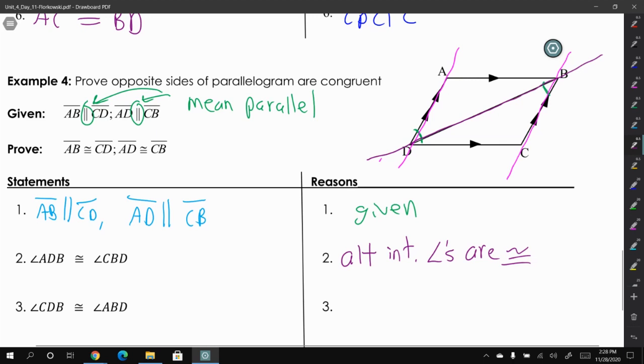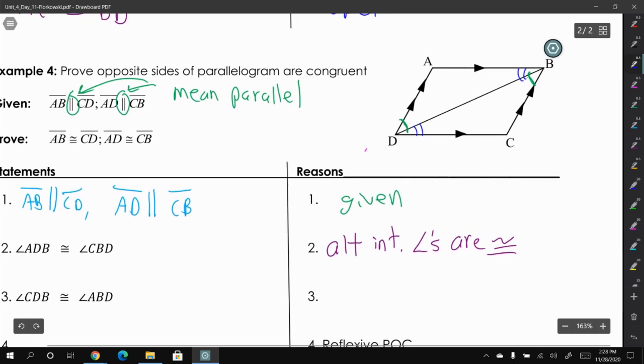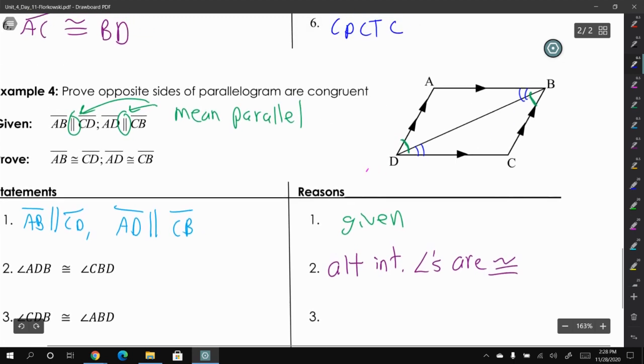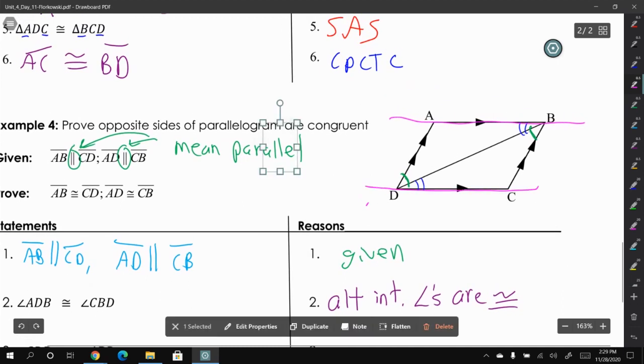Now I'm going to erase this, except the angles that were marked congruent, because now our statement is CDB, this angle here is congruent to angle ABD, this angle up here. So now I'm going to extend these parallel lines, and this is my transversal.